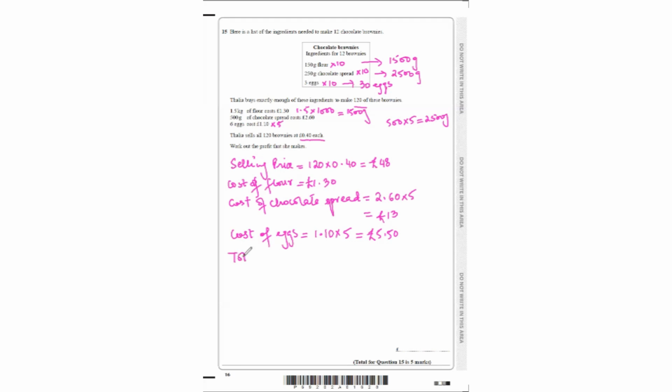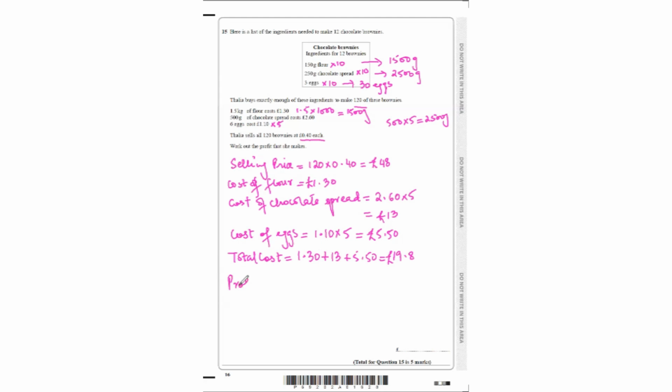So total cost would be the sum of these three. So 1.30 plus 13 plus 5.50, which is equal to 19.8 pounds.